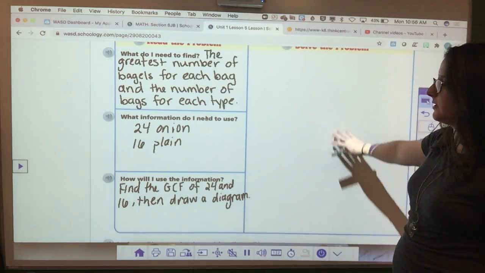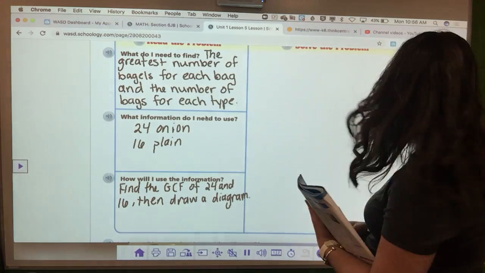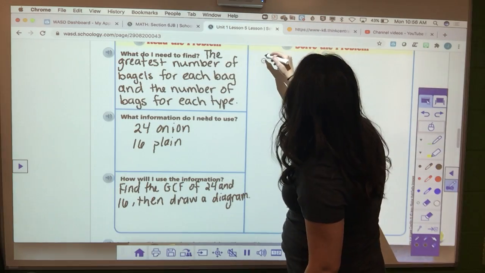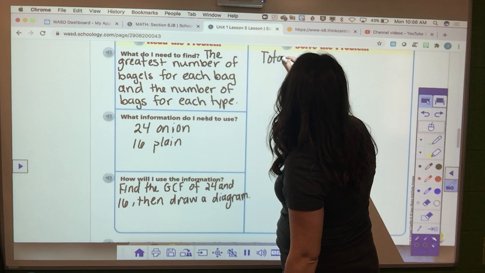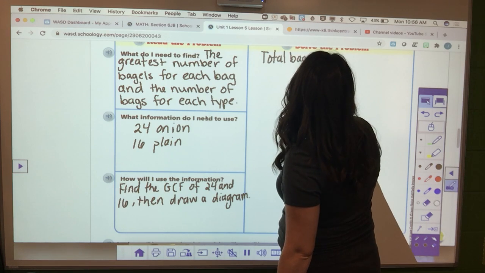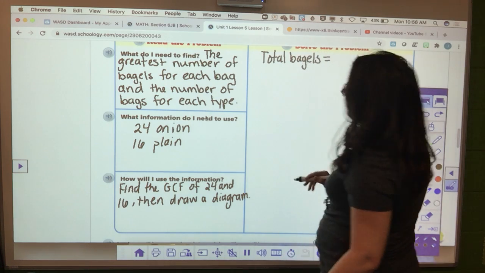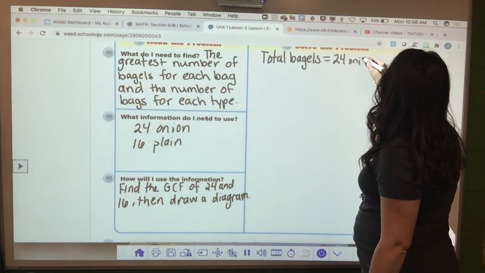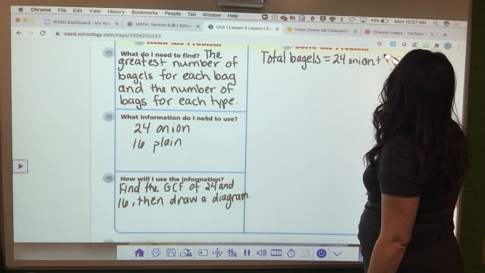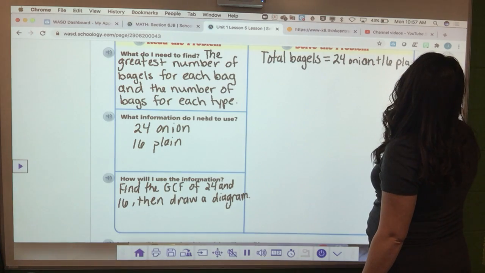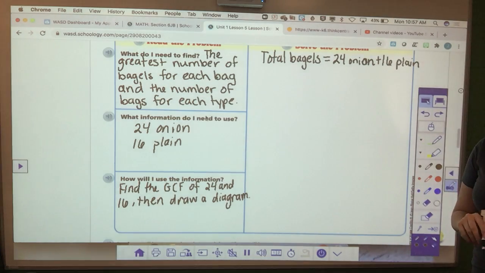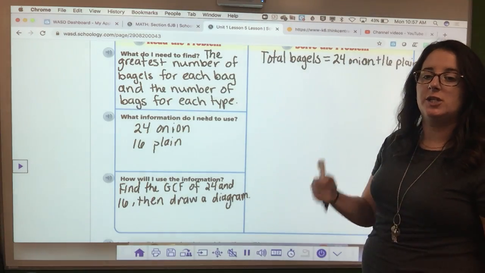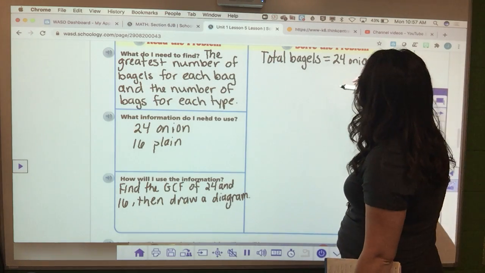Moving over here to our workspace where we're going to solve the problem. We have our total bagels is equal to 24 onion plus 16 plain. First step, find the GCF, greatest common factor.